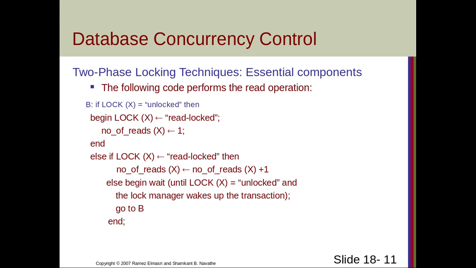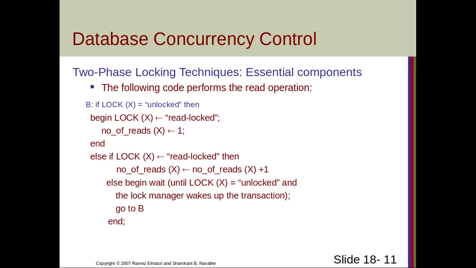And else if lock of x is read lock, if it is already read lock, then again we can allow it, and number of reads is number of reads plus 1. That means one more transaction is allowed to access that variable.